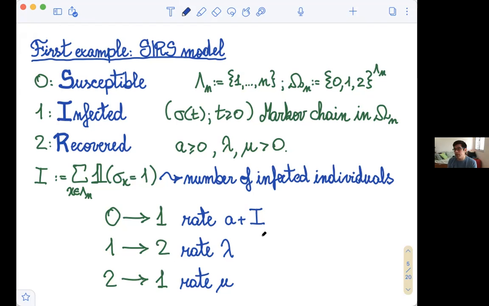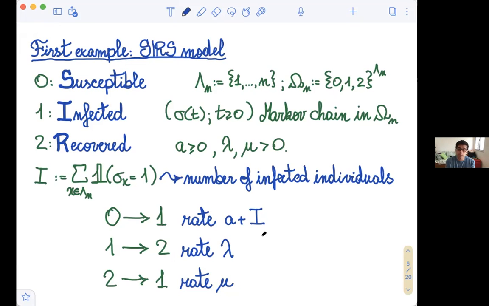So this defines a Markov chain on the space omega n, which is just the space of possible configurations. I'm calling lambda n the set of individuals, and omega n the possible configurations of these individuals, susceptible, infected, recovered. And in this way, you define a Markov chain sigma t.